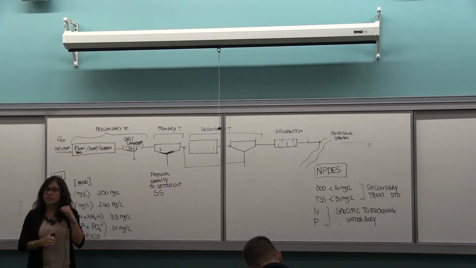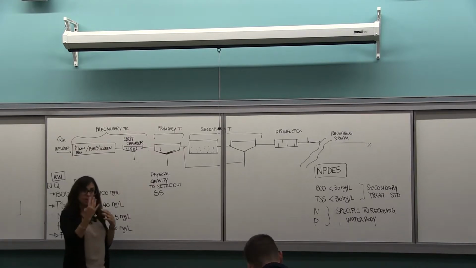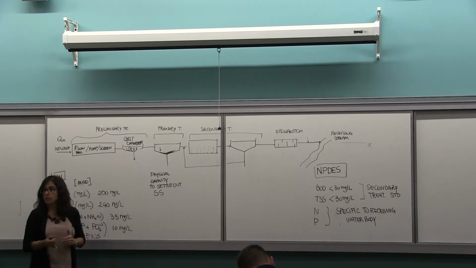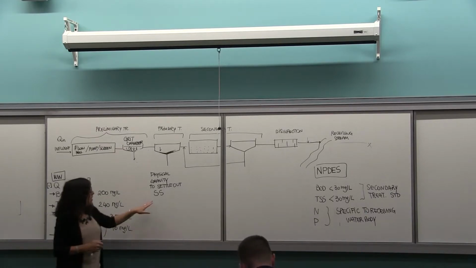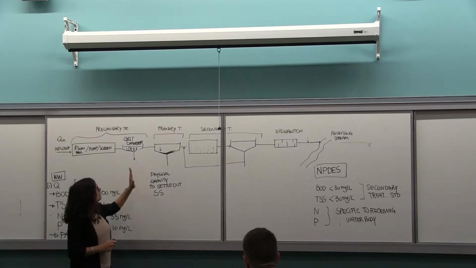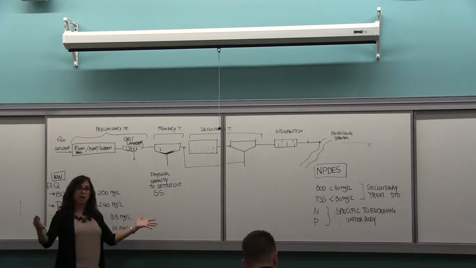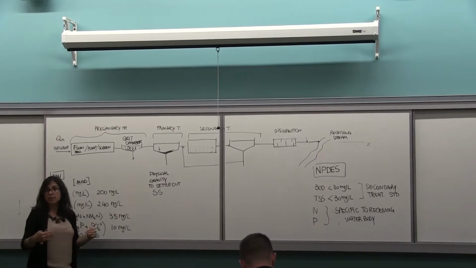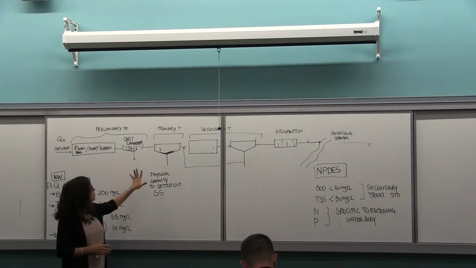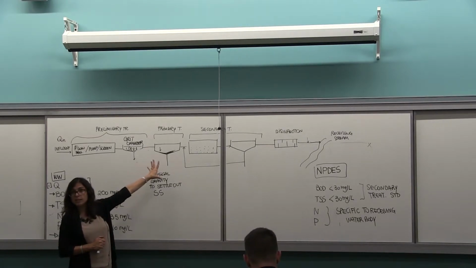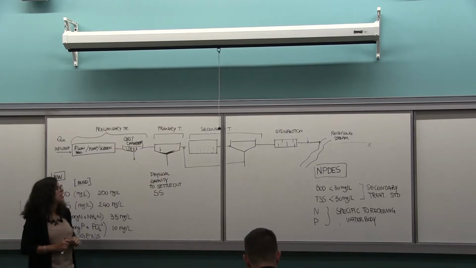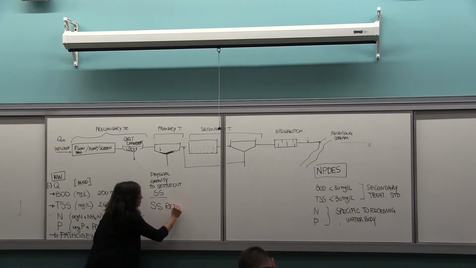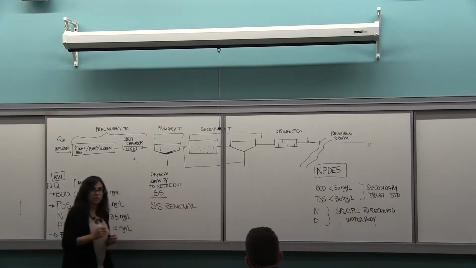Suspended solids are small solids that make the water turbid, and they are in the order of microns, less than 1 micron really, we consider. How do we remove the suspended solids? We make a large enough tank and slow down the flow so that they can settle at the bottom. We'll do a couple of problems on the design of this specific area. That's what a primary treatment does: suspended solid removal.